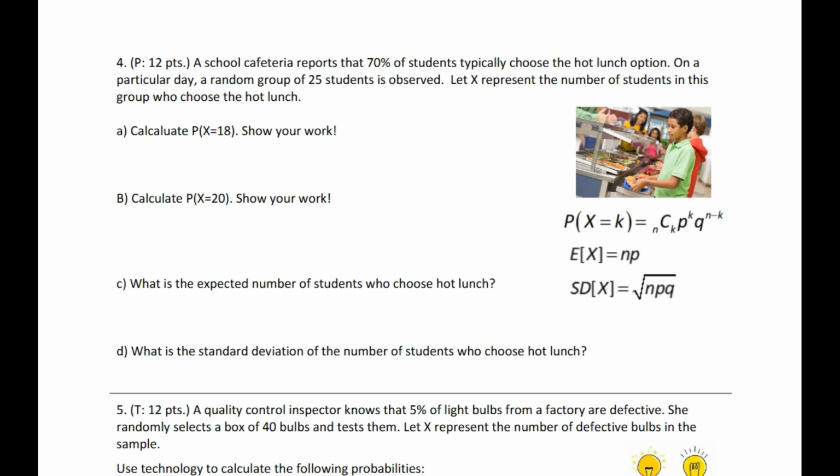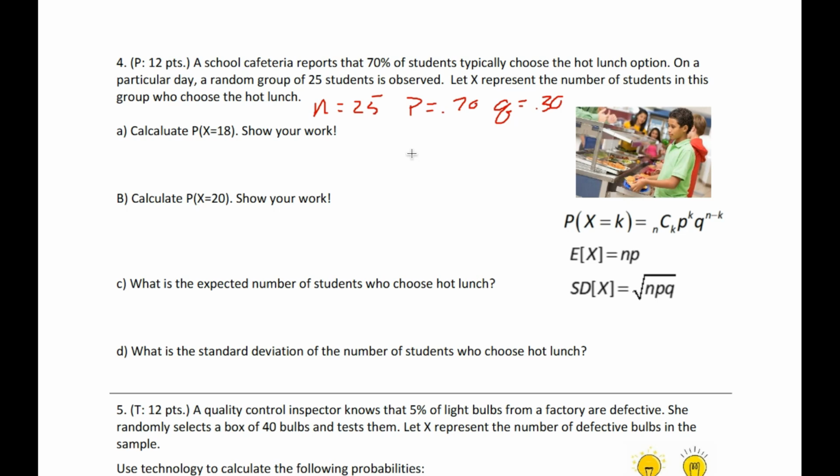So in this problem, n is equal to 25, p is equal to 0.7, and q is equal to 1 minus that, which is 0.30. So it says calculate the probability that X equals 18. That is, 18 of the students choose the hot lunch.